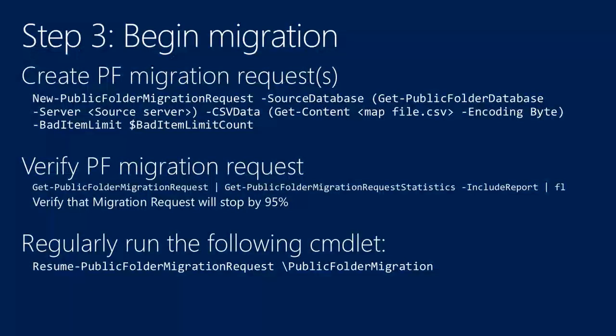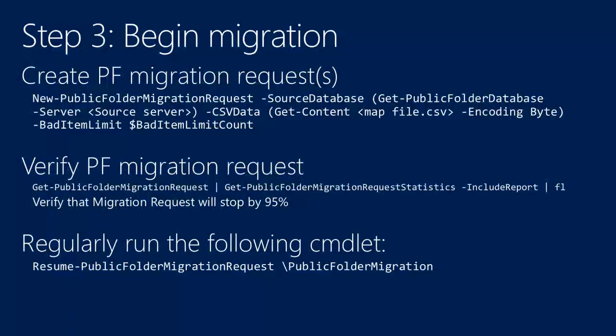Okay, then the migration begins. What you basically do is you create a new public folder migration request, and here's the cmdlet. That's what I run as a script. After that, you continuously run Get-PublicFolderMigrationRequest and Get-PublicFolderMigrationRequestStatistics. So you take a look at the migration request to see if everything works right, and the IncludeReport gives you a report with the details if something goes wrong, or if something doesn't go the way you'd like.